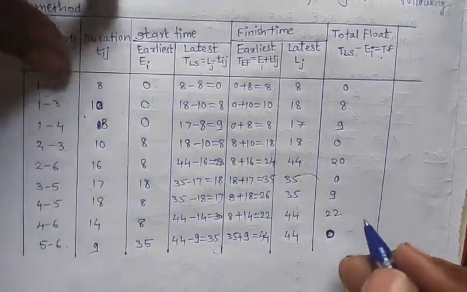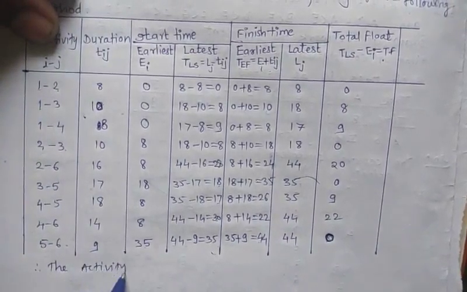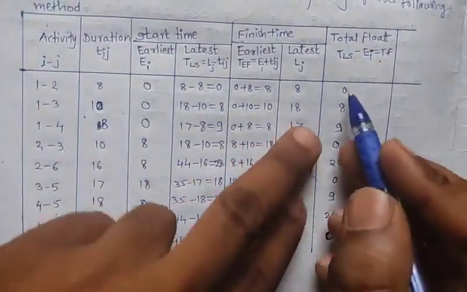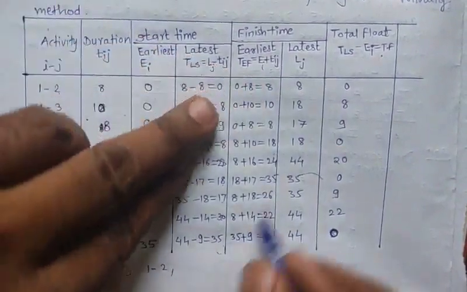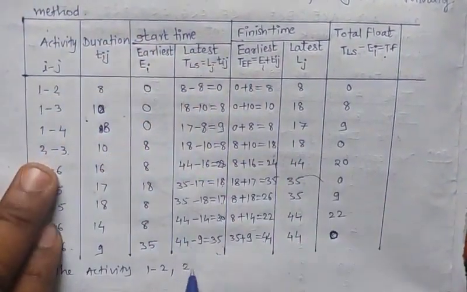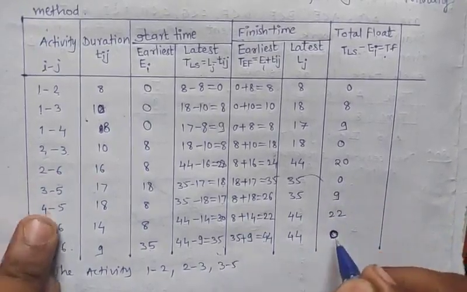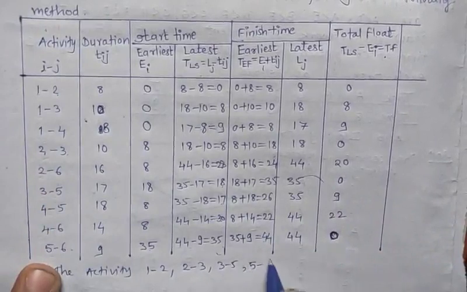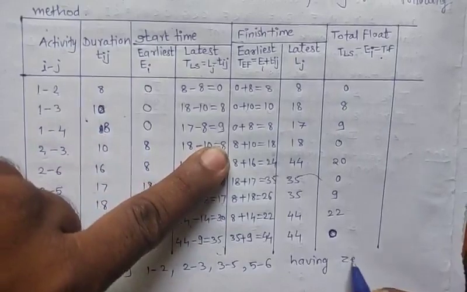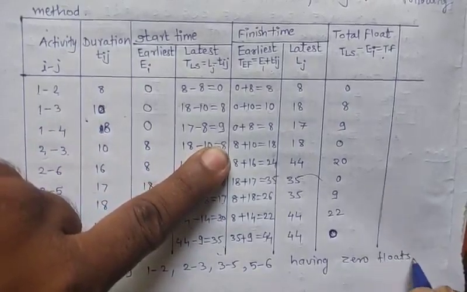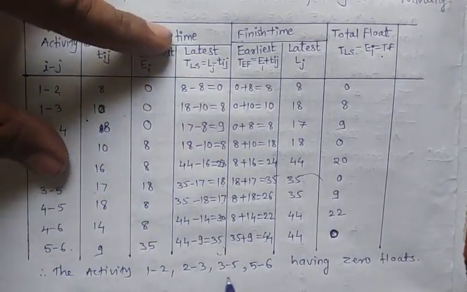Therefore the activities which have float value 0: first is activity 1 2, second is 2 3, next is 3 5, next is 5 6. Having 0 floats, these are the critical activities.